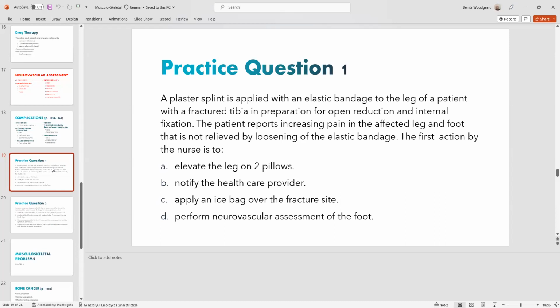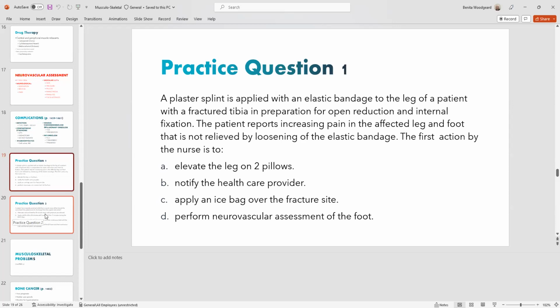I'm going to let you guys have a moment for that one. And increasing pain can indicate neurovascular compromise. I would have loosened the bandage like that first, and the next thing I would do would be D, perform a neurovascular assessment of the foot to see exactly what it is that I'm looking at.